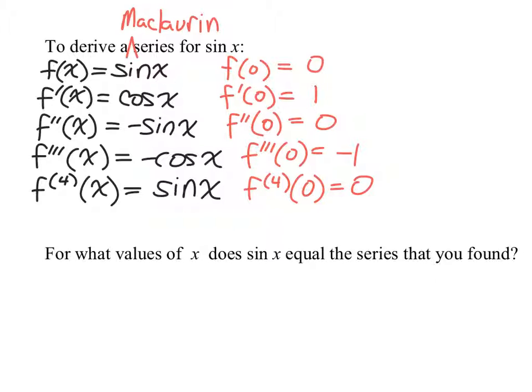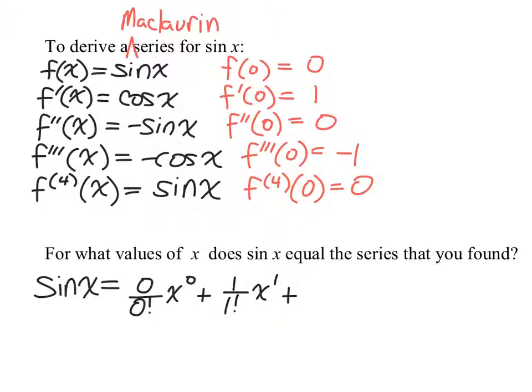So sine of x is going to be equal to, now we could do the full-blown expansion, which is to say we have 0 over 0 factorial times x to the 0th plus 1 over 1 factorial times x to the 1st plus 0 over 2 factorial x to the 2nd minus 1 over 3 factorial x to the 3rd.